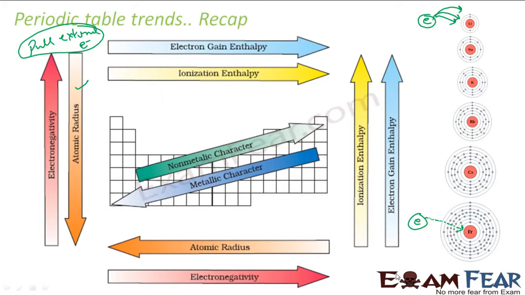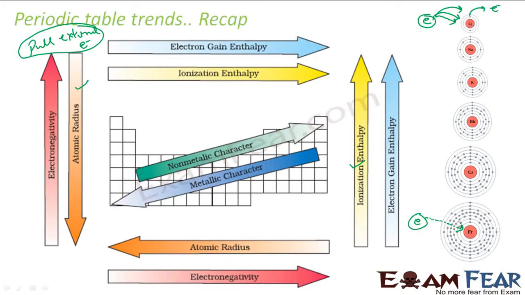Then we'll talk about electron gain enthalpy or ionization enthalpy. What is ionization enthalpy? Ionization enthalpy is nothing but the energy required to take out one electron. You have to pluck one electron from it. If you see lithium, the energy required is more. Why? Because this electron is tightly tied to lithium, since the distance between this electron and the lithium nucleus is less.